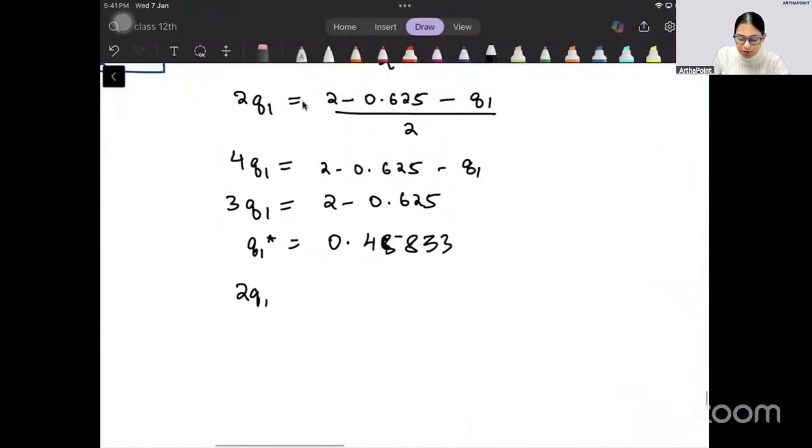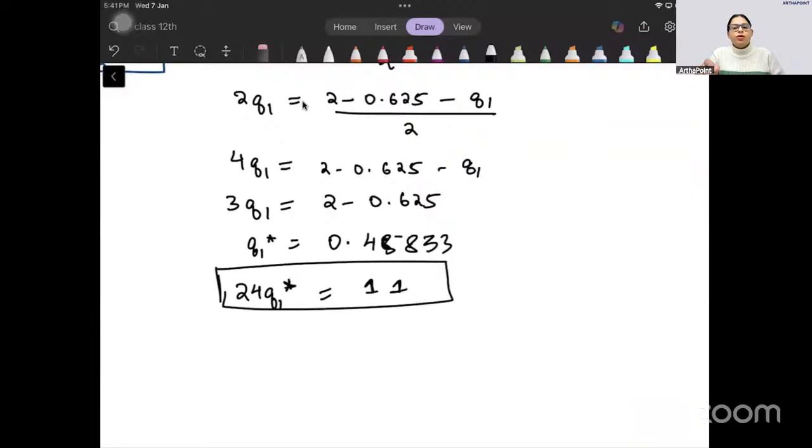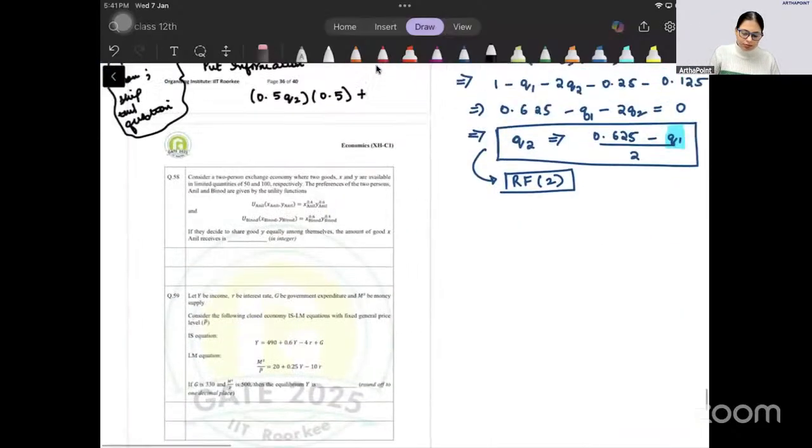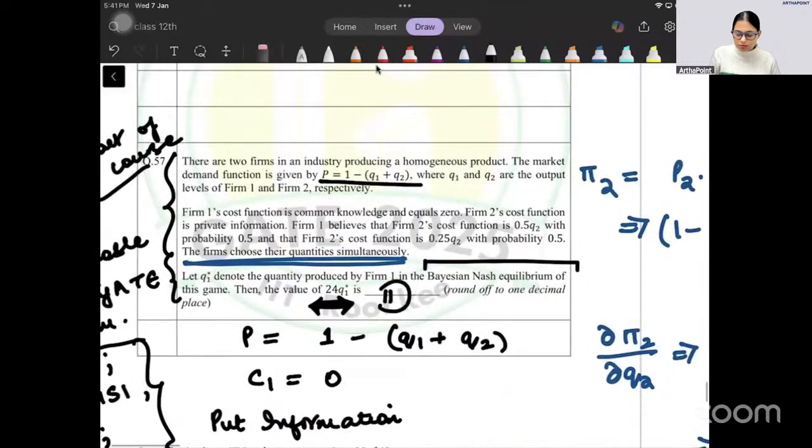So if I multiply it with 24, I'm getting exact 11. So the answer to this question is exact 11. That's the answer. Is it clear? Any doubt? You only have to do this anyway if you want to give the GATE exam.